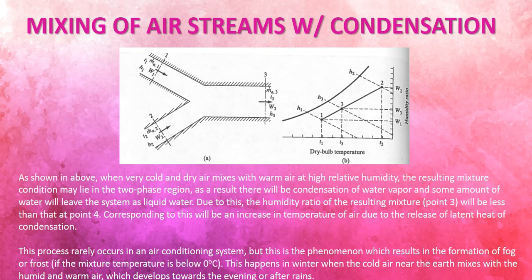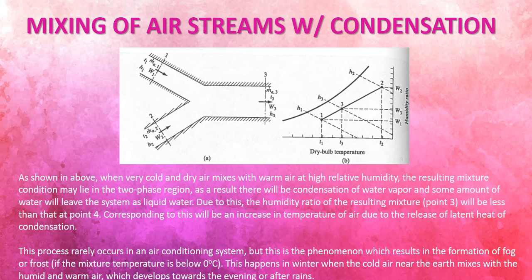The resulting mixture condition may lie in the two-phase region. So this is the two-phase region that is being mentioned. Due to this, the humidity ratio of the resulting mixture, this is 3, will be less than that of 1 and 2.